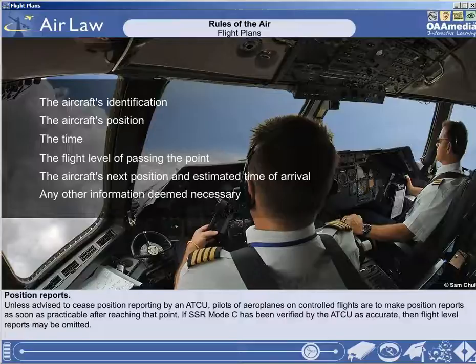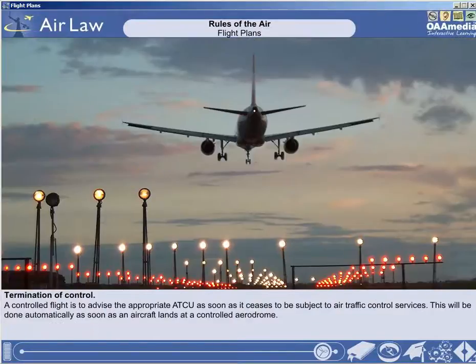If SSR Mode C has been verified by the ATCU as accurate, then flight level reports may be omitted. A controlled flight is to advise the appropriate ATCU as soon as it ceases to be subject to air traffic control services. This will be done automatically as soon as an aircraft lands at a controlled aerodrome.